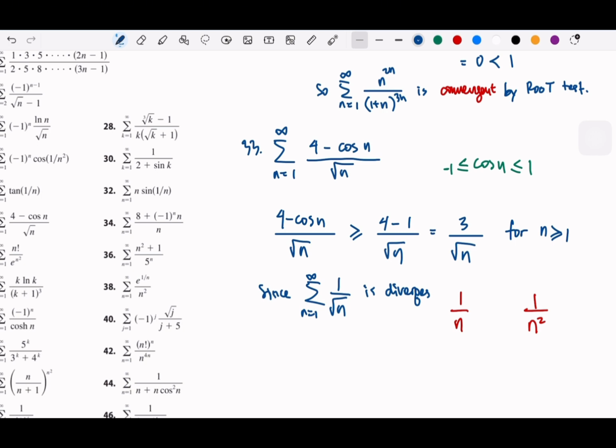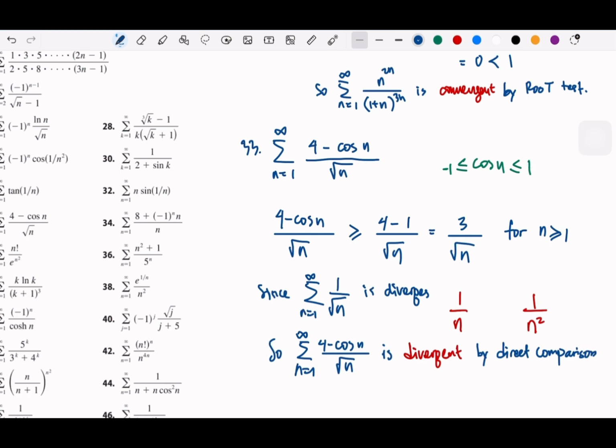So the series is divergent by direct comparison test, or just comparison test is okay. Comparison test.